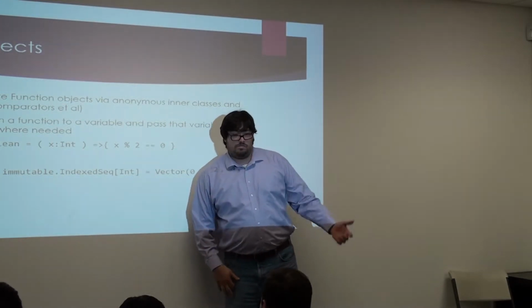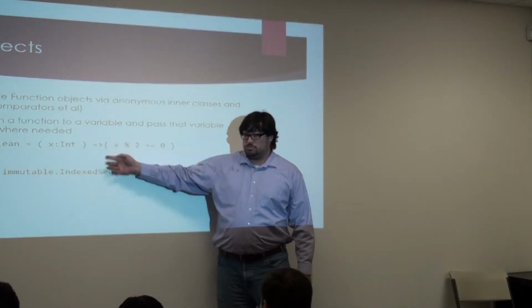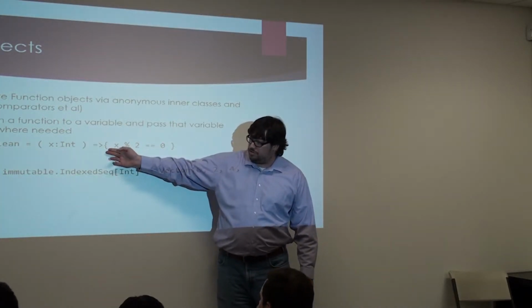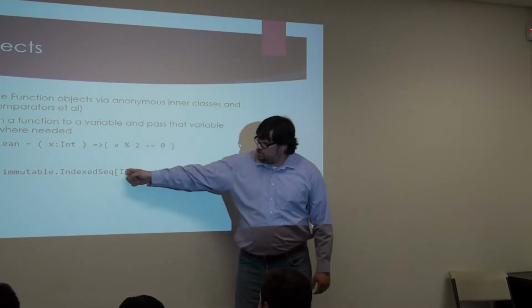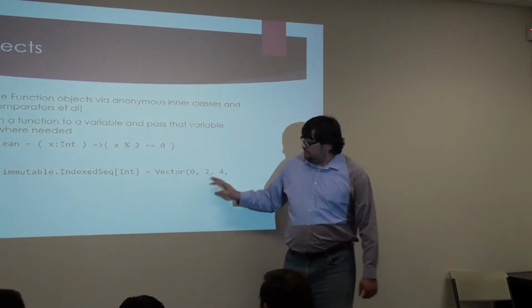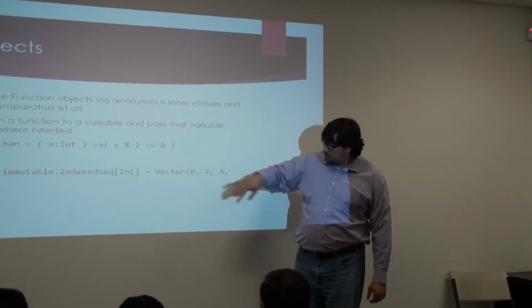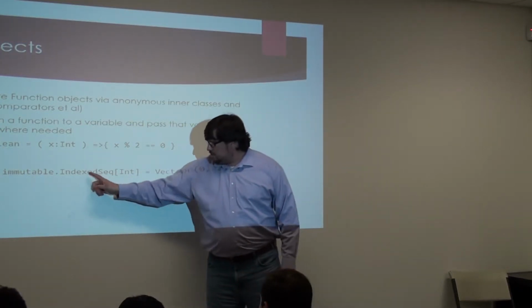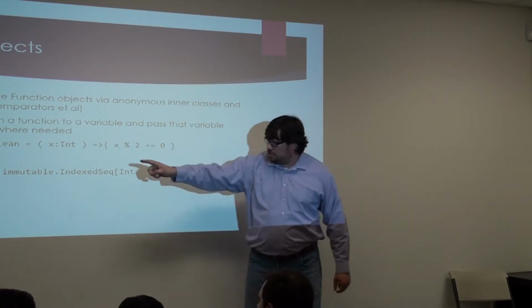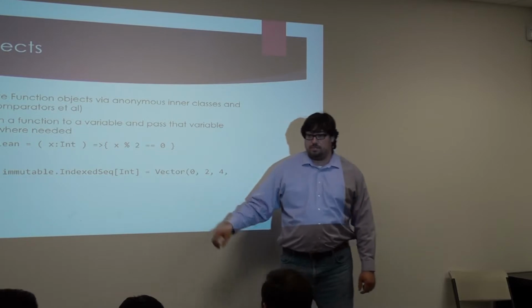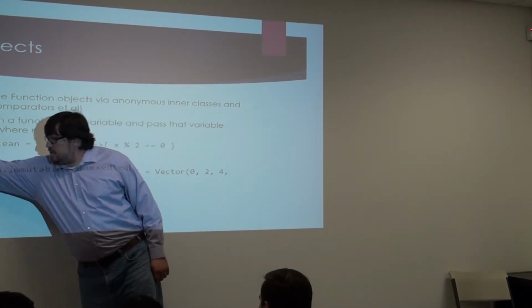So this is your standard function pointer type from C, or your first-class function from any functional language. And you can see here this is the return type from that particular function. This is from the console, from the REPL. It just says immutable indexed sequence of integer, a vector 0, 2, 4, 6, 8, and 10. It pulled out the even values because the range here is inclusive.